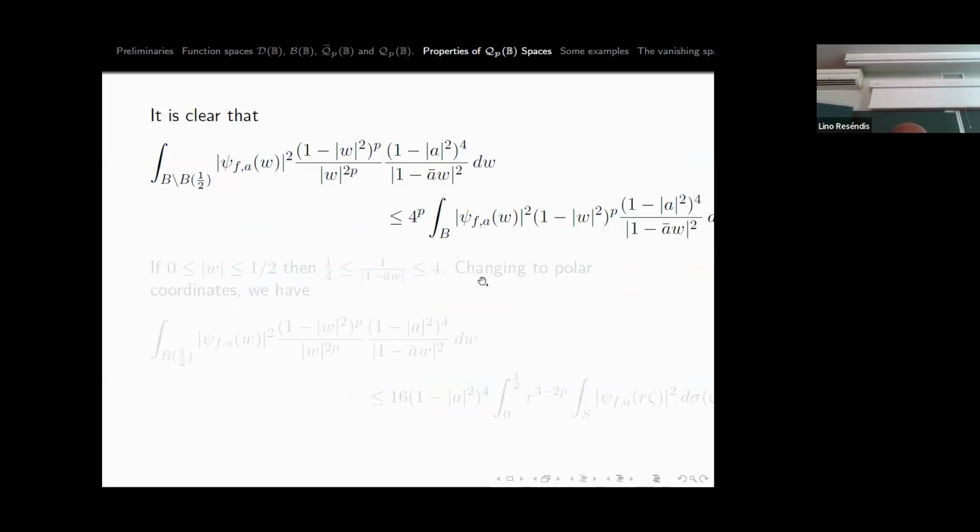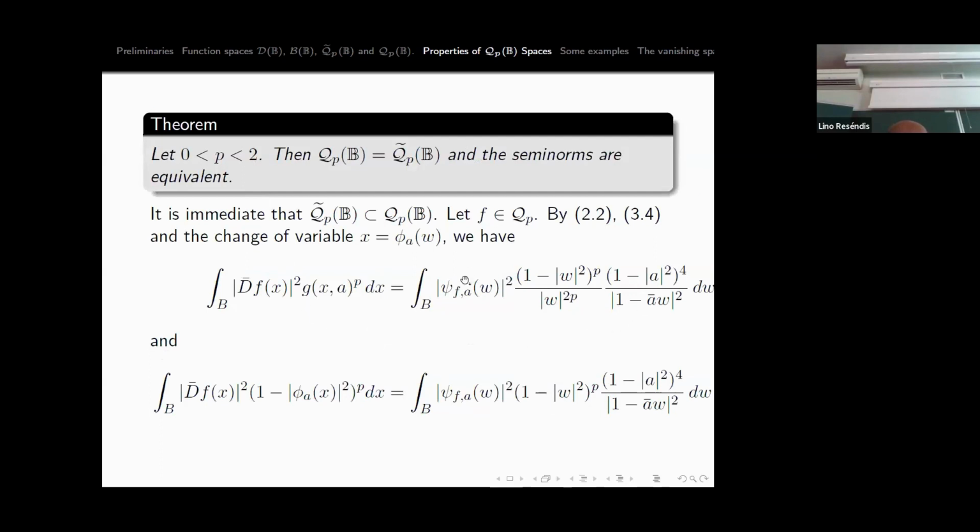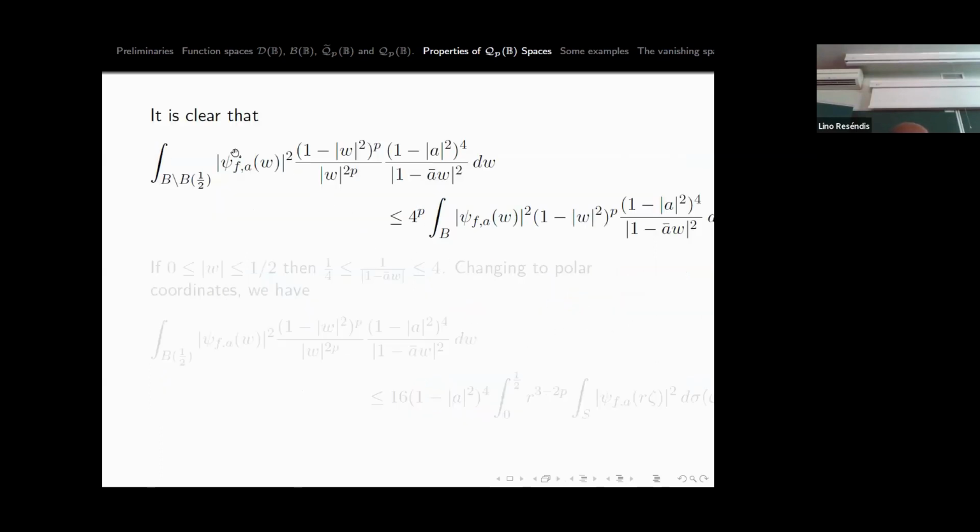In order to get this, we consider first the first definition here, and then this estimation. We consider the integral over all the unit ball, and then we remove the ball of radius 1/2.